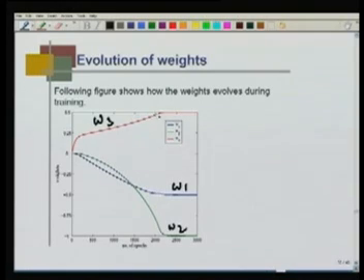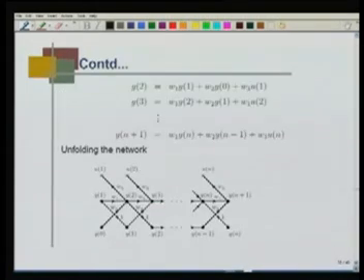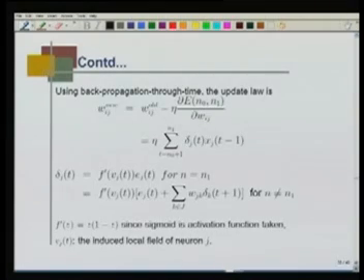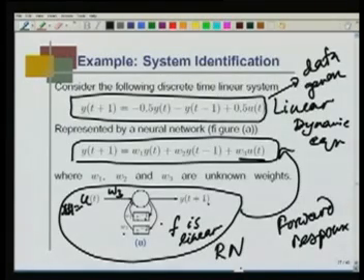So, W3 has reached 0.5, W1 has reached minus 0.5 and W2 is minus 1. If I go back and look at the equation that was given to us, this was my W3 which is 0.5, W2 also I got minus 1 and W1 is minus 0.5.